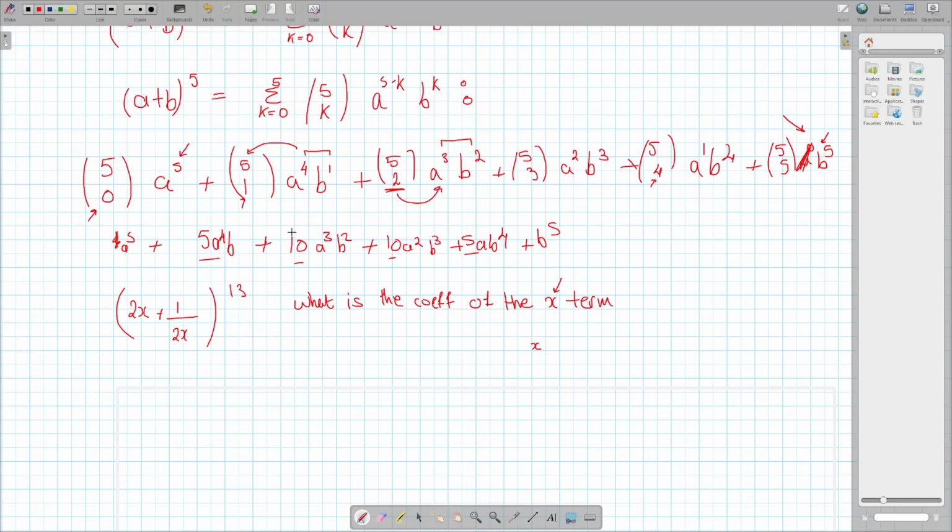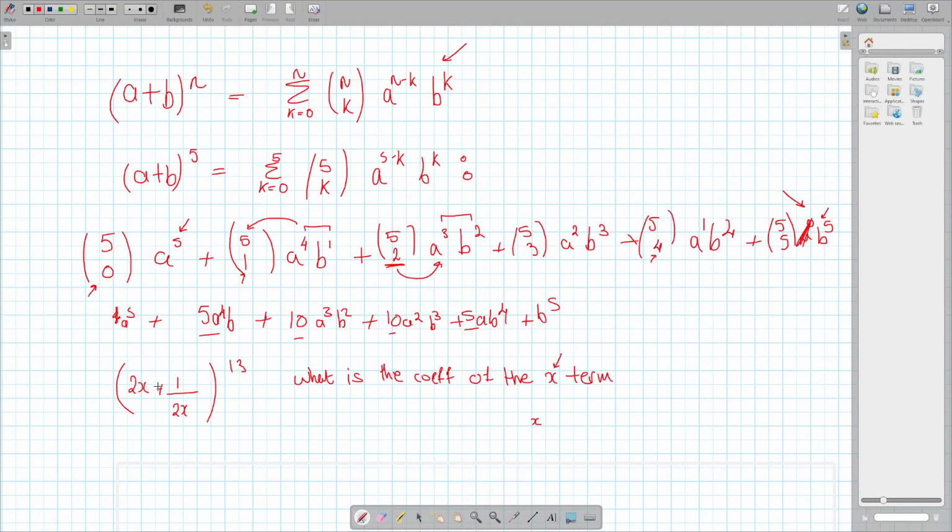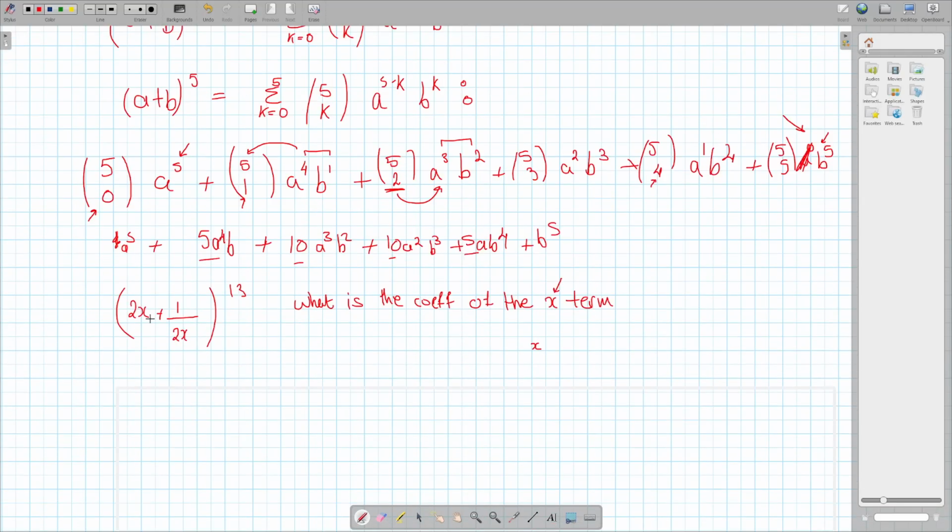We know that when you expand, you're going to get this to the power of something times this to the power of something, right? Like over here, it's a to the 4 times b. So if you were using this rule, it would be like 2x to the power of 4 times 1 over 2x. Forget about the 13 now.